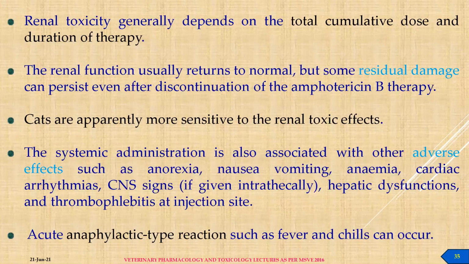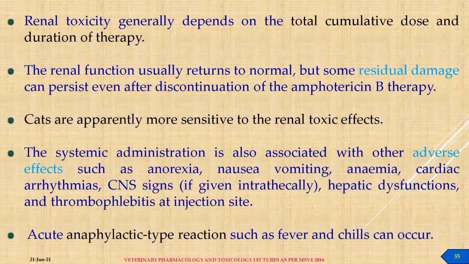Systemic administration is also associated with other adverse effects like anorexia, nausea, vomiting, then anemia because of bone marrow suppression, then cardiac arrhythmias, and especially CNS signs if it is given intrathecally, because whenever the drug is given intrathecally, it will reach the brain.